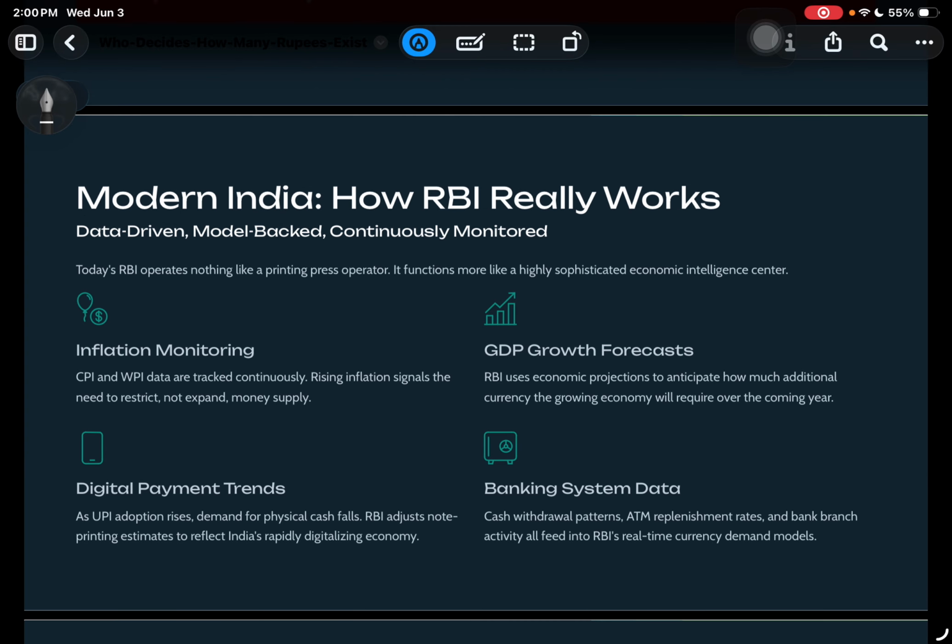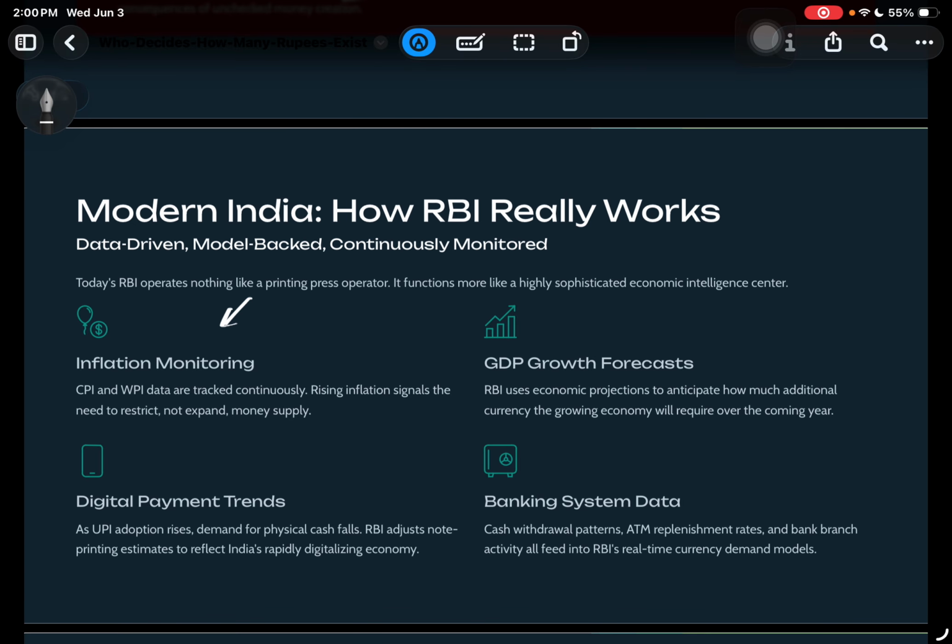So, how is RBI in charge of printing money? How does RBI really work? It monitors inflation. The CPI, Consumer Price Index, is a very good indicator of measuring inflation. But when and how much the CPI could increase is dependent on the wholesale price index.